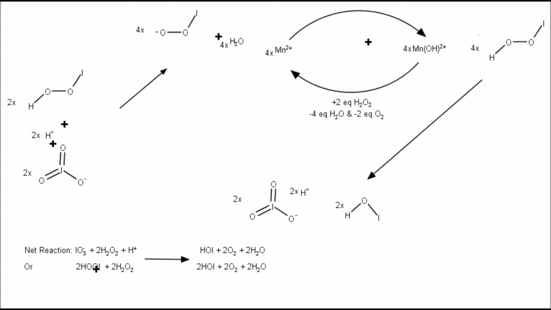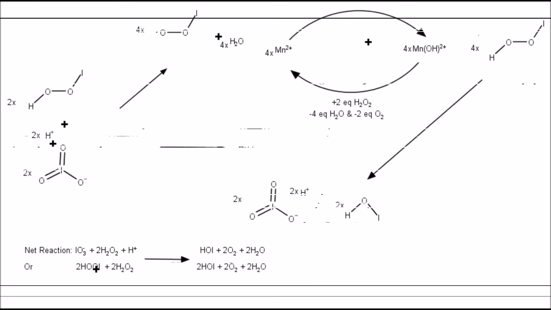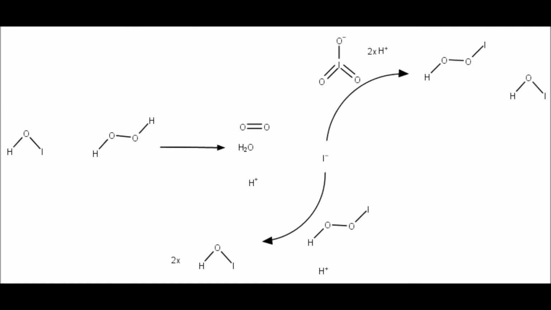This results in the net reaction of either iodate goes to hydroxyiodide, or that the peroxyiodide goes to the hydroxyiodide. Either way, the result is the same. All that has happened before even a single color change has occurred. So without that manganese, we couldn't really form up enough peroxyiodide to generate a color change.